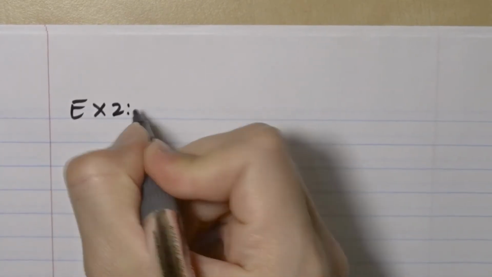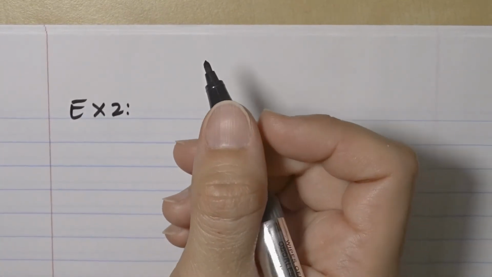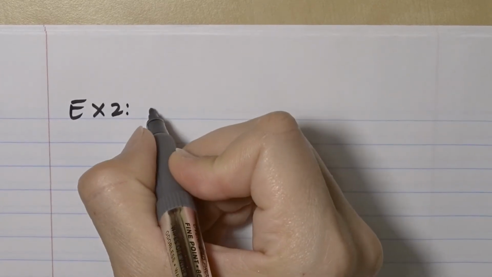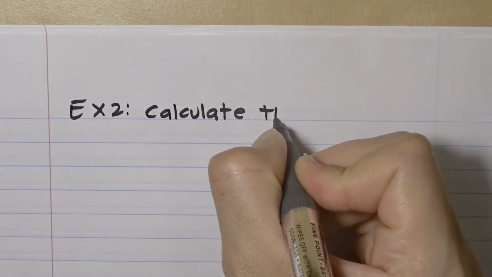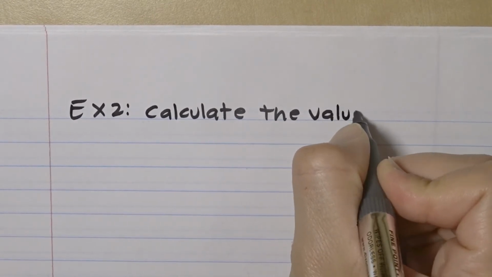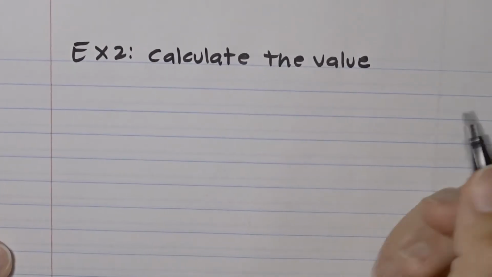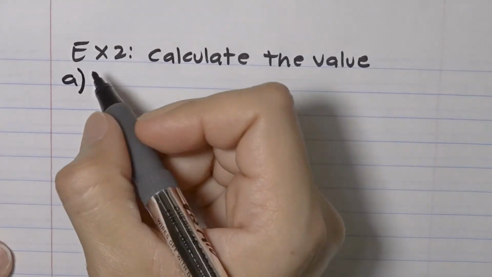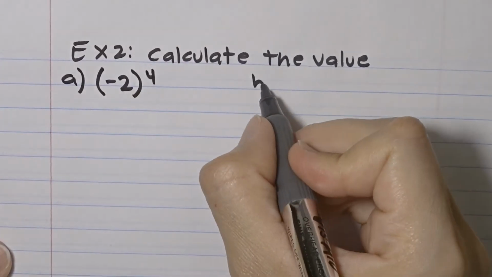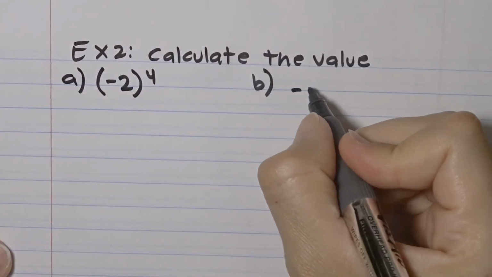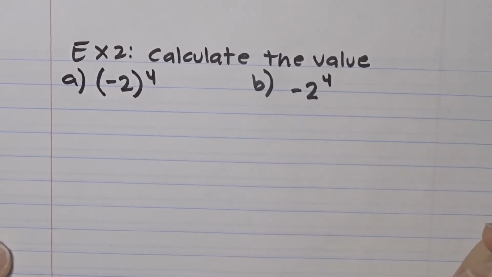All right, so let's look at example 2. And it's telling us to calculate the value. So we have 2 examples. One of them is -2 to the 4th power. The second one is (-2) to the 4th power.